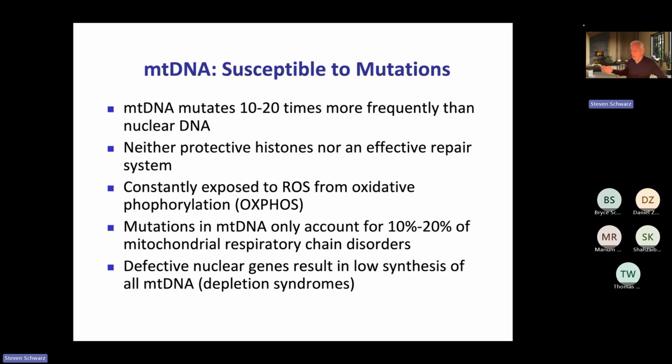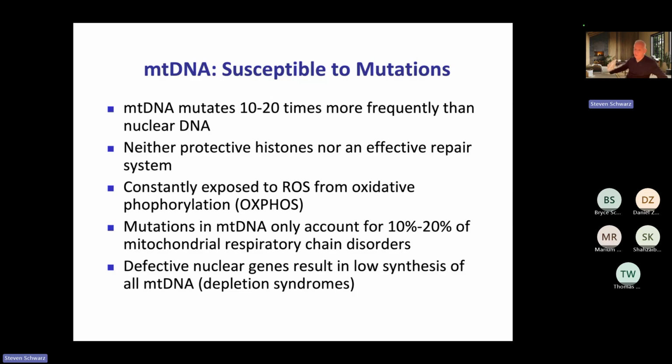So we all have mitochondrial DNA that is mutated in our bodies to some degree. Mitochondrial DNA is constantly exposed to reactive oxygen species from oxidative phosphorylation, and mutations in mitochondrial DNA only account for 10 to 20% of mitochondrial respiratory chain disorders.